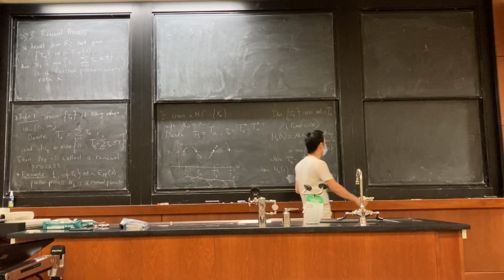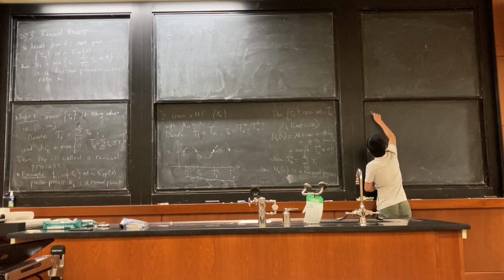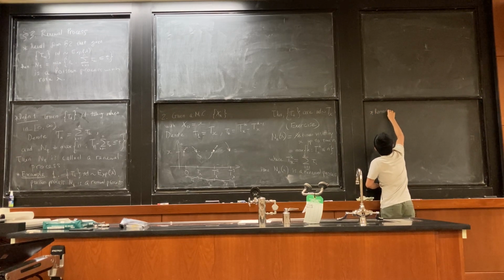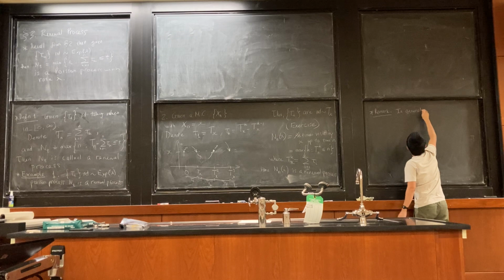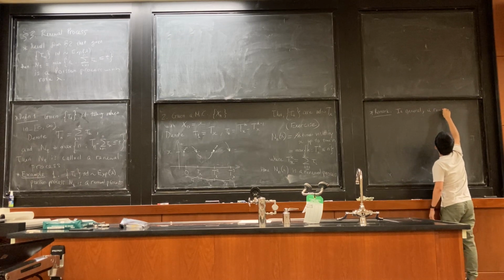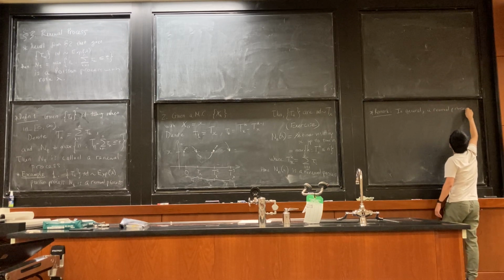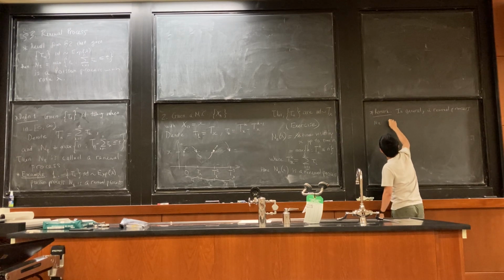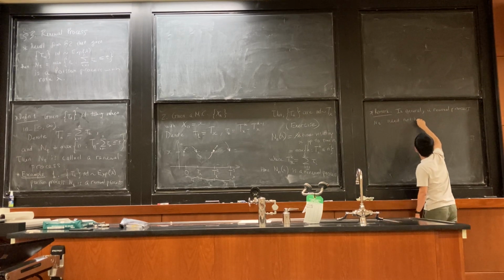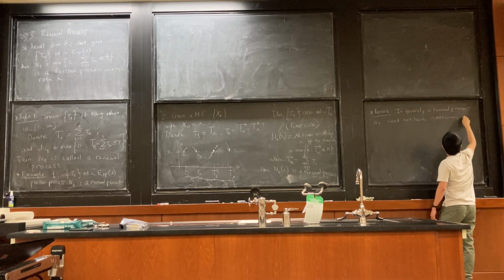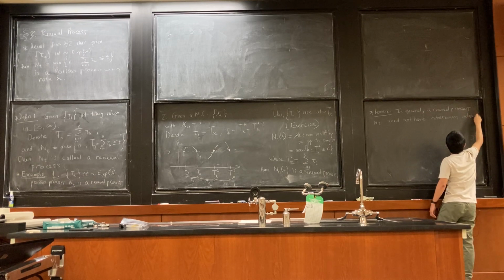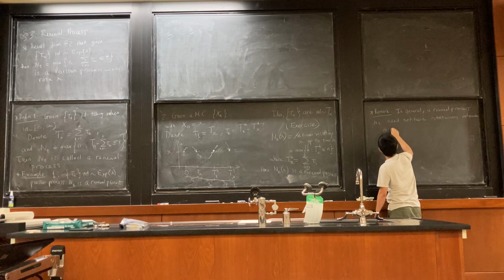Let me put a remark here, which is actually pretty important: in general, a renewal process N_t doesn't really have stationary independent increments.